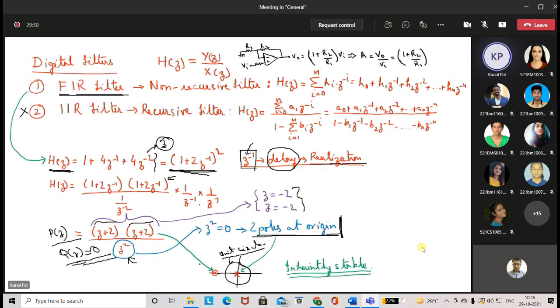Due to this reason, what would happen? This would make the FIR filters inherently stable filters.